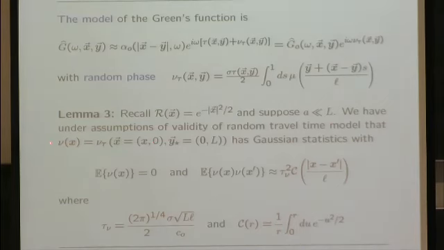I call this function mu evaluated this way, and we know that this is a mean 0 Gaussian process with this correlation, and this tau mu quantifies the variance, so the strength of these fluctuations of the wavefront.